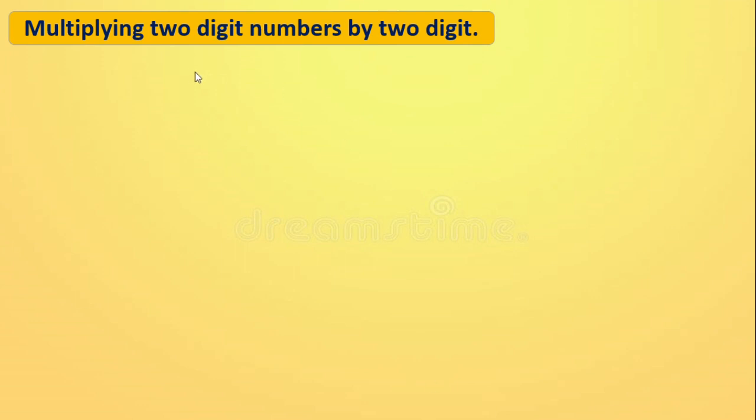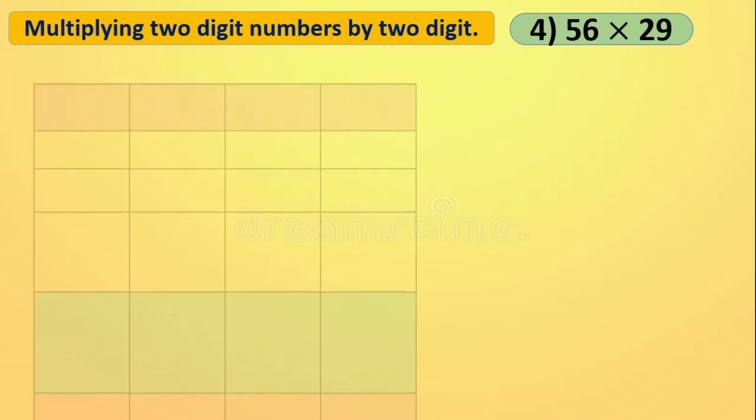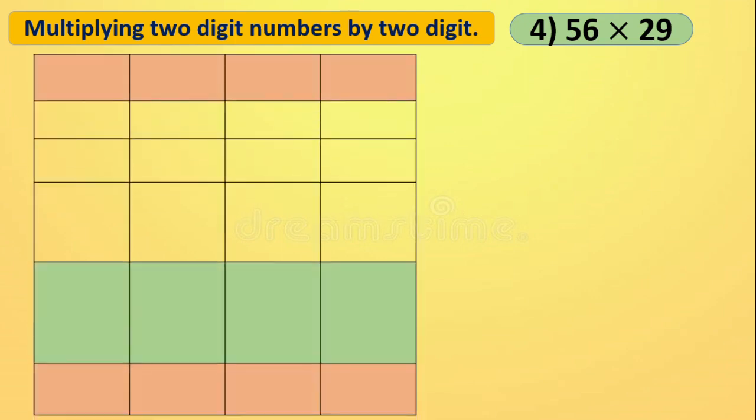One more we will go through. Multiplying 2-digit numbers by 2 digit. See here. Example is 56 multiplied by 29. Be careful here. Here we have taken 4 columns. Units, tens, 100 and 1000 column.